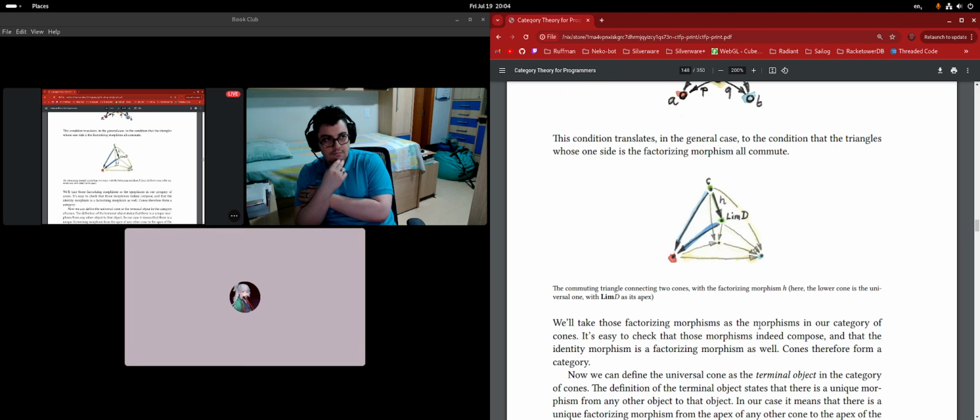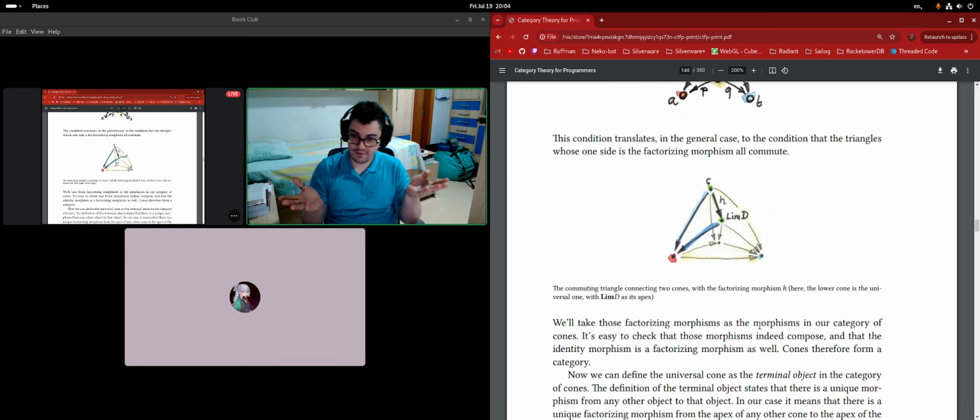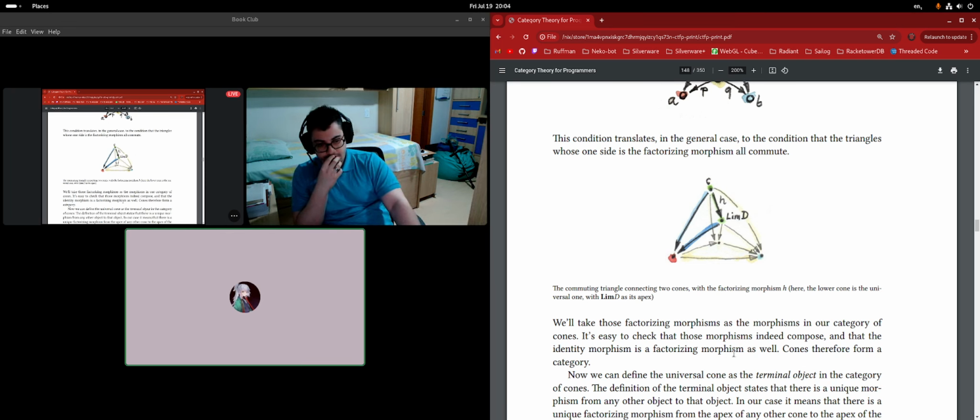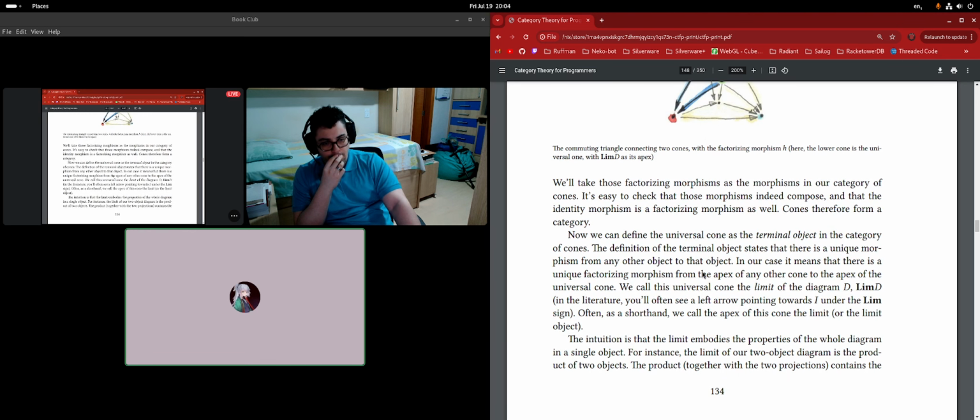They can be separate. Like there could be another, let's call it C prime, at the same height as C, and it also points to lim D, and there may or may not be some relation between C and C prime, but they are not really on top of each other. They are both on top of lim D.